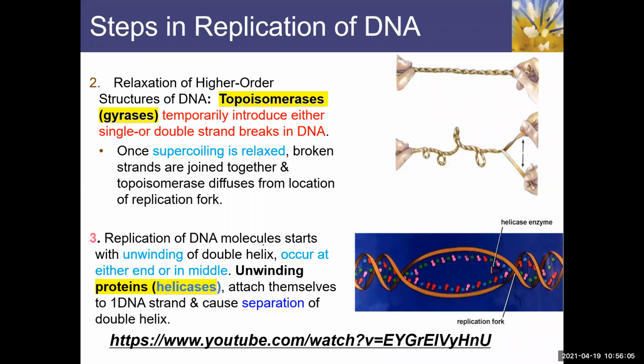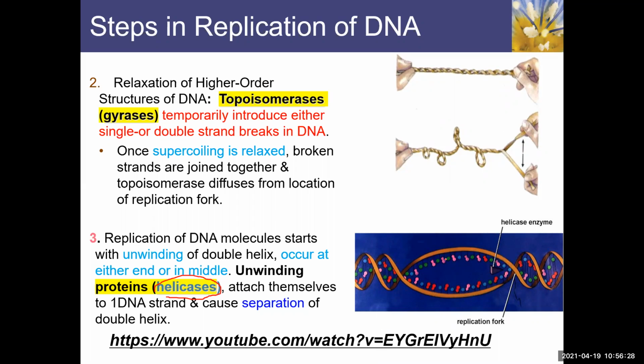And then the second step, if you remember, I showed you a video also last time, when we are breaking the hydrogen bonds, unwinding the DNA, right? So helicases are the enzymes which are called the DNA unwinding proteins, because they break these hydrogen bonds present between the bases.